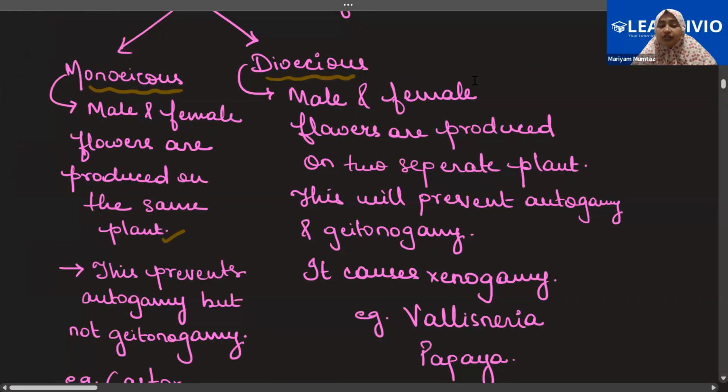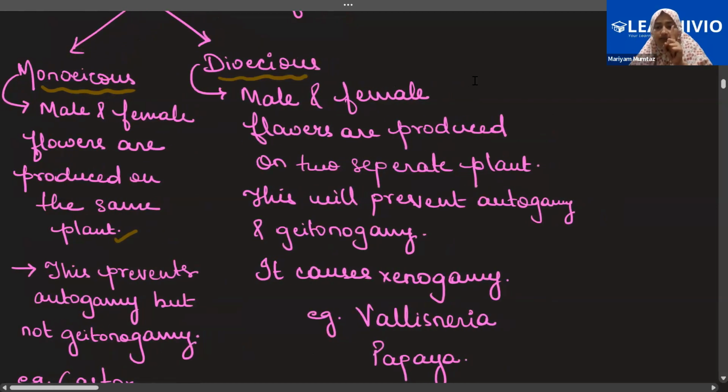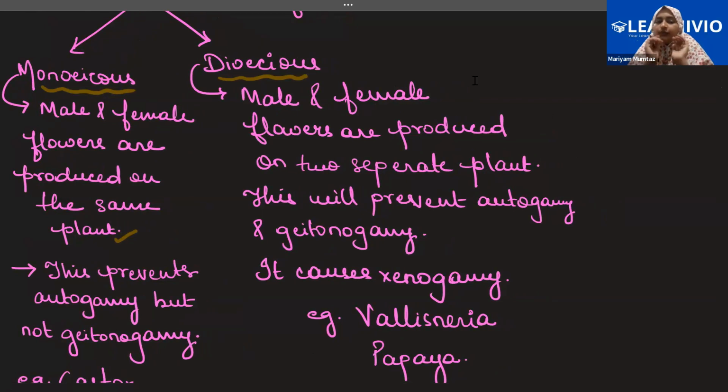See, in a monoecious plant, one plant has the male flower and it has the female flower, so we can say that 100% it can prevent the self-pollination, that is autogamy. But will it prevent geitonogamy? No, right? Because what happens during geitonogamy? The transfer of pollen takes place from the anther of a flower to the stigma of another flower, but the plant is the same, right?